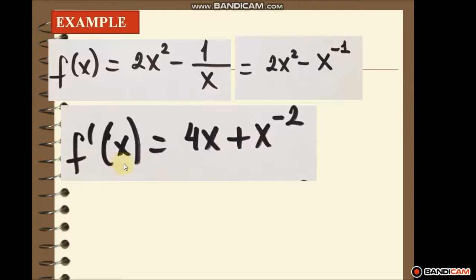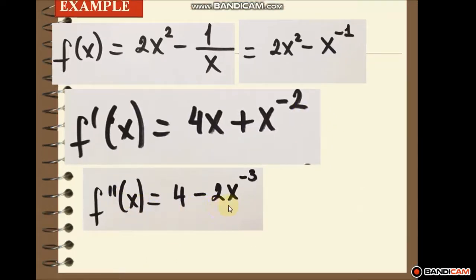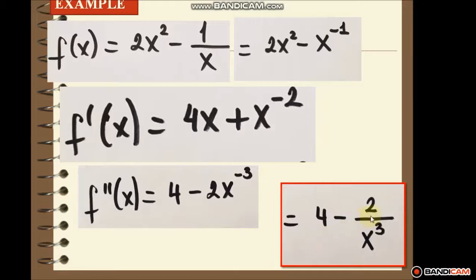Our first derivative is equal to 4x + x^(-2). And the second derivative is 4 - 2x^(-3). If we write -2x^(-3) in ratio form, our result will be 4 - 2/x^3.